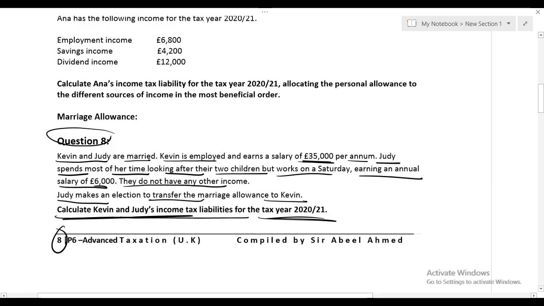Jody's liability is going to be 0 because Jody has a salary of only 6,000, and from this 6,000 I deduct the personal allowance, so obviously 0. Jody does not need to pay anything because she does not have any taxable income. All we need is to calculate taxable income and income tax liability for Kevin.